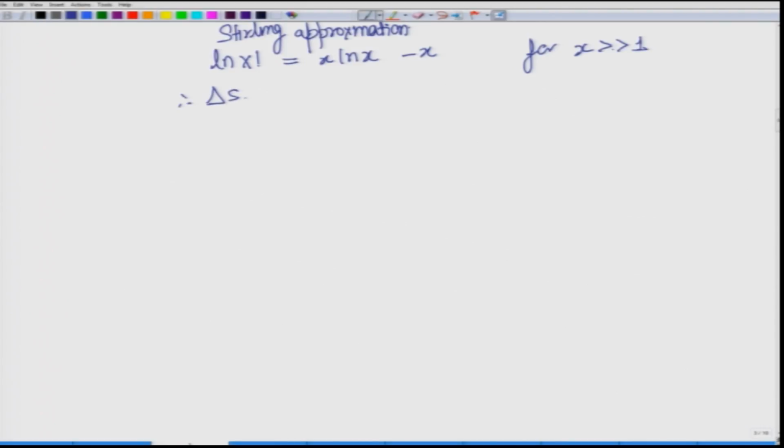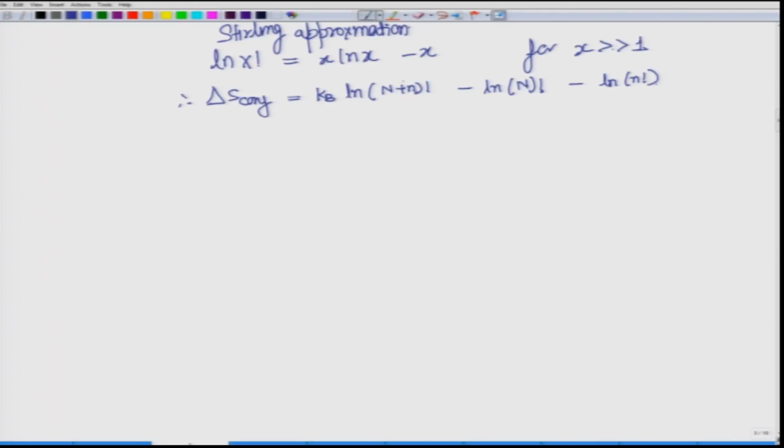our relation which said that delta S configuration is equal to KB ln, and you can say the denominator can be put as negative of log. So, minus ln n factorial, the uppercase N and then also the smaller case n.